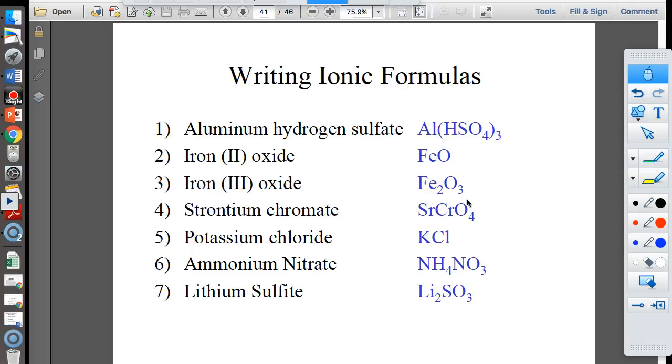Those are the only ones that do that by default.